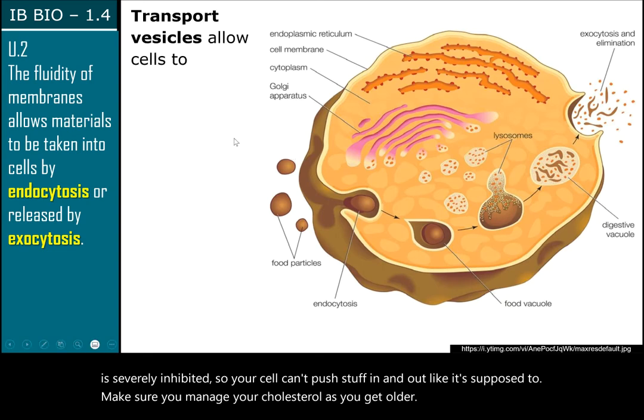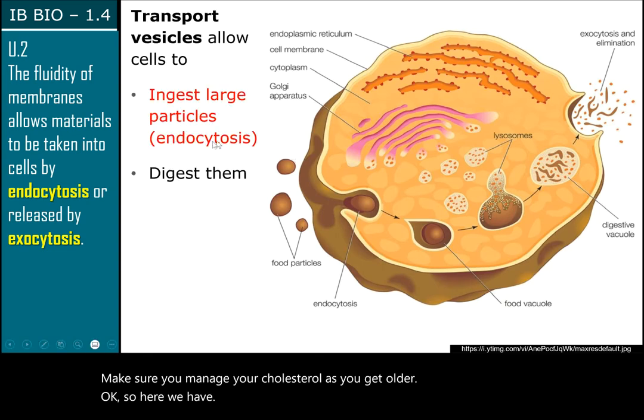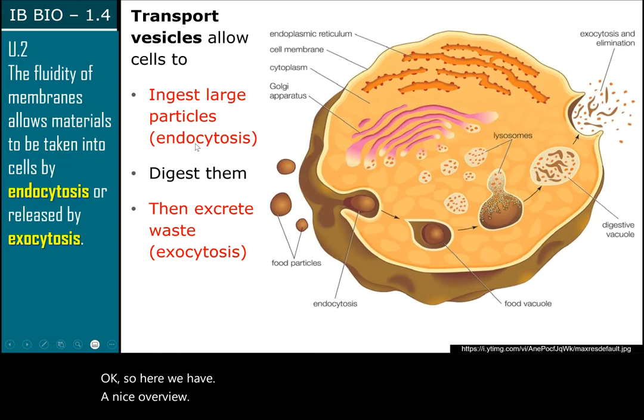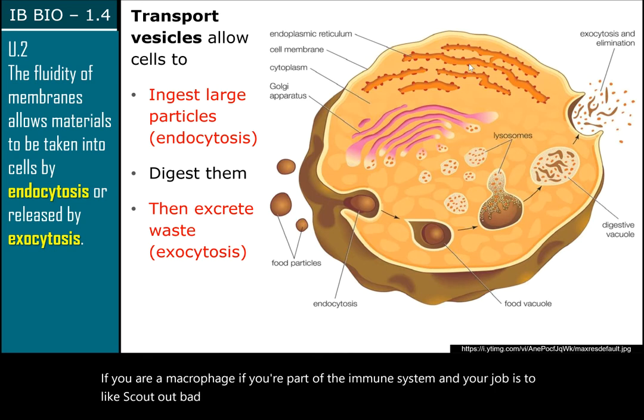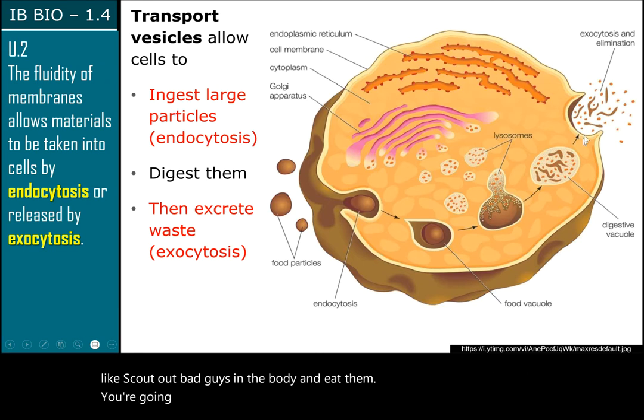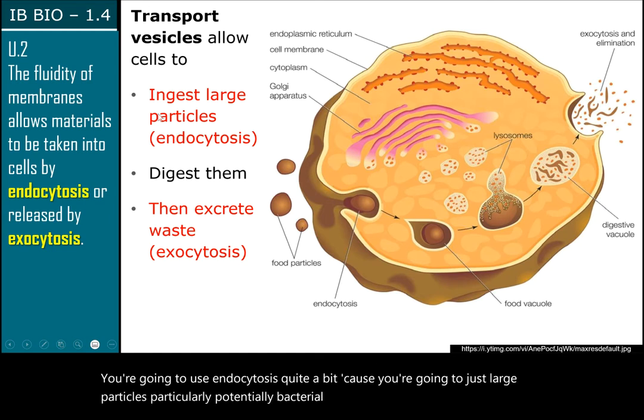Okay, so here we have a nice overview of transport vesicles. If you are a macrophage, part of the immune system, and your job is to scout out bad guys in the body and eat them, you're going to use endocytosis quite a bit, because you're going to ingest large particles, particularly potentially bacterial sources or foreign proteins or viruses, and you're going to destroy them.